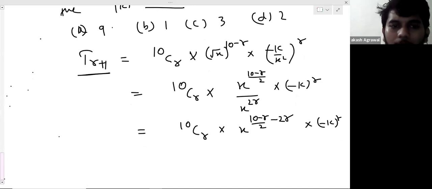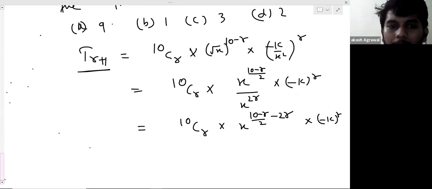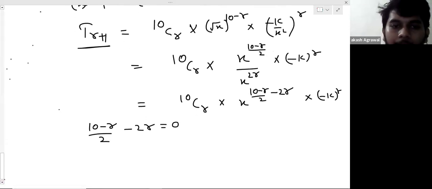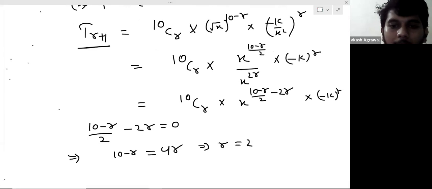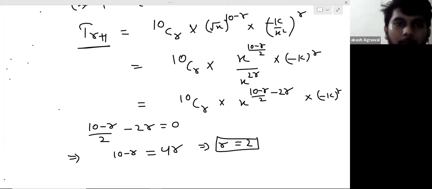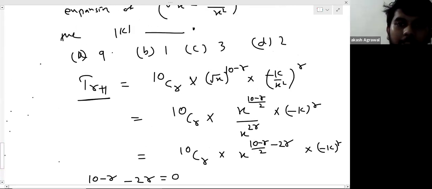So make the power 0. That means (10 minus r) divided by 2 minus 2r must be equal to 0. So 10 minus r equals 4r, that means r equals 2. Since we have already written the general term, just put the value of r here and you will get the answer.